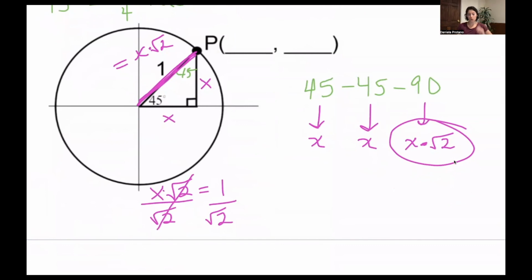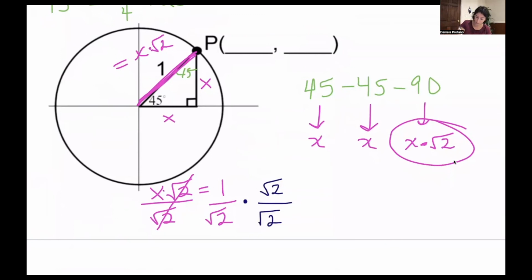And it's called rationalizing the denominator. In math, we don't like radicals in the denominator. So how do we get rid of the square root in the denominator? What we can do is multiply it by 1, because anything times 1 is itself, but we can disguise 1 as the square root of 2 divided by square root of 2, right? Square root of 2 divided by square root of 2 is 1. But why did we disguise it as radical 2 over radical 2?